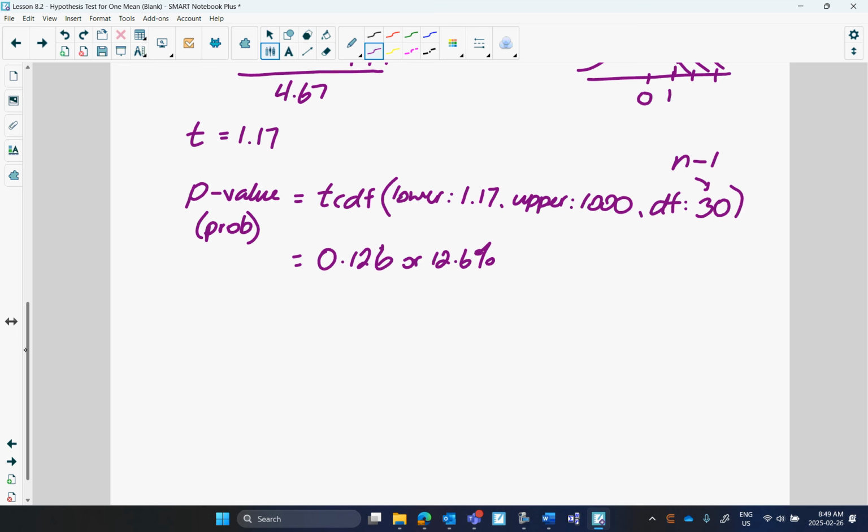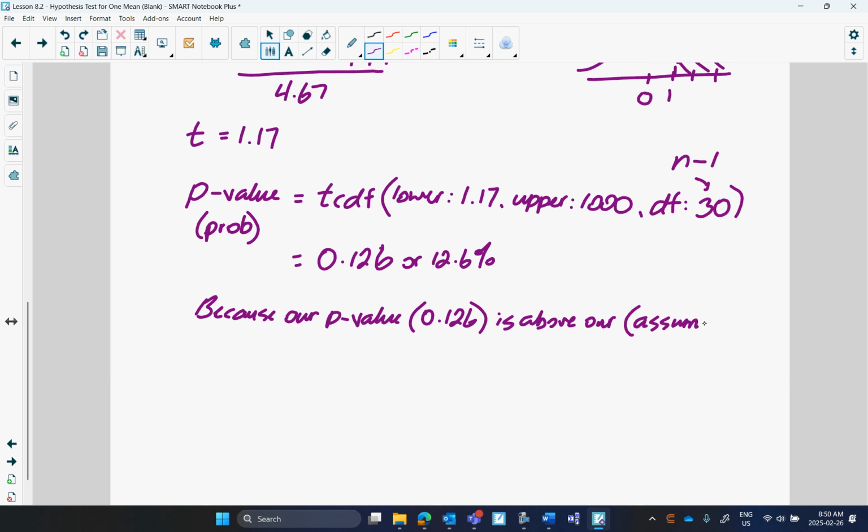So basically, we would say, because our p-value, I'll write it in decimal, 0.126, is above our assumed alpha value, or significance level, of 0.05, it's not unusual.